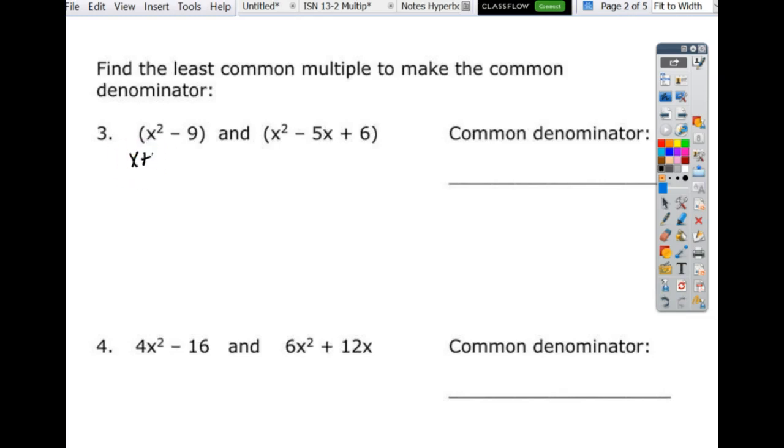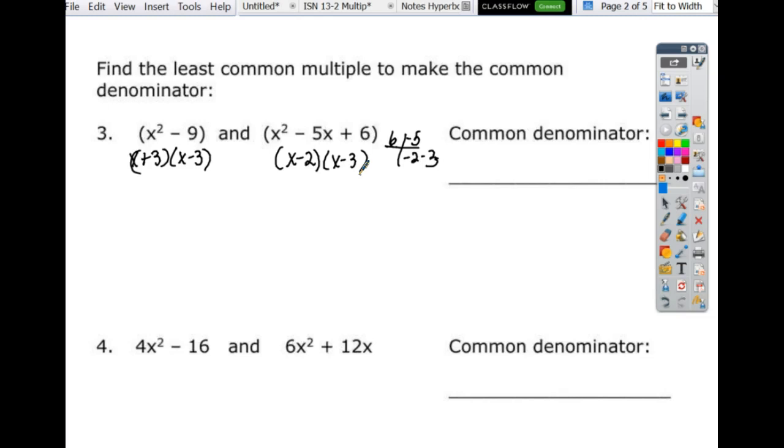So if I'm going to factor this, this is how these factor.